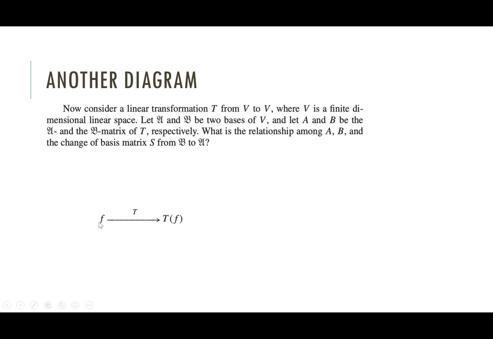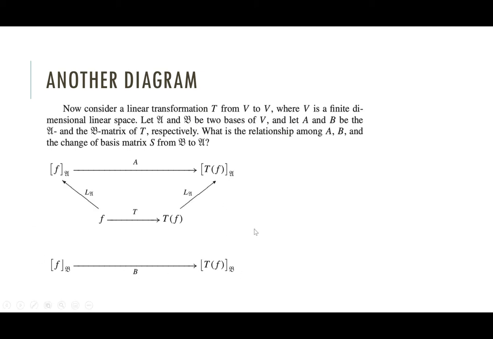If we have some function in the vector space, it gets transformed by this abstract linear transformation T. And if we write this function in coordinates U, then in its transformation in coordinates U, going back and forth between these honest-to-goodness vectors in Rn is done by multiplication by the matrix A. Similarly, if we have coordinates B, then this transformation is represented by multiplication by the matrix B. So, how are all of these things related?